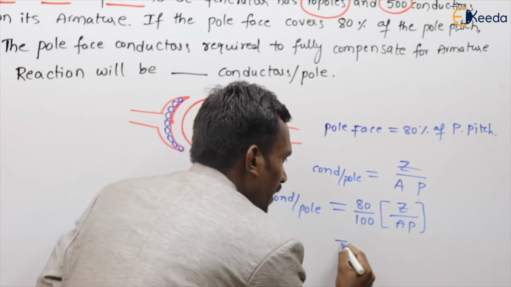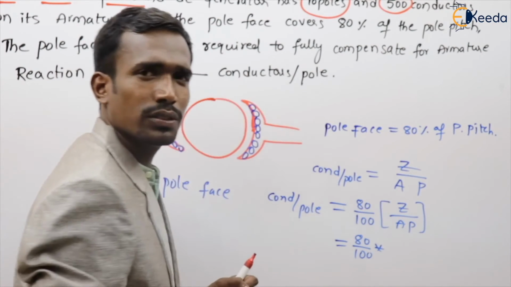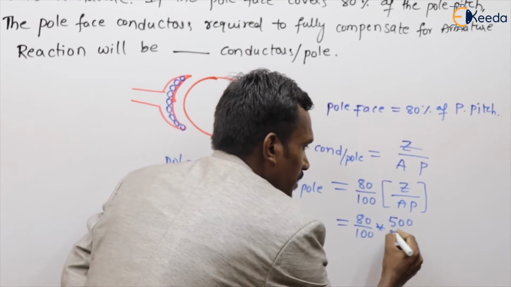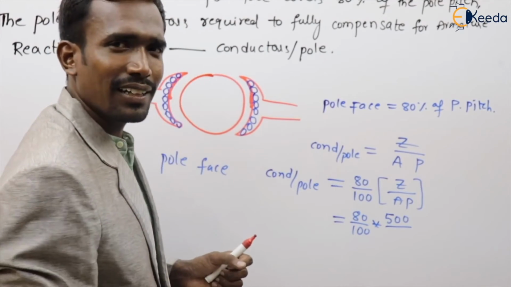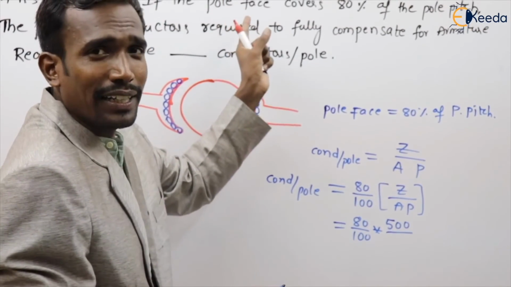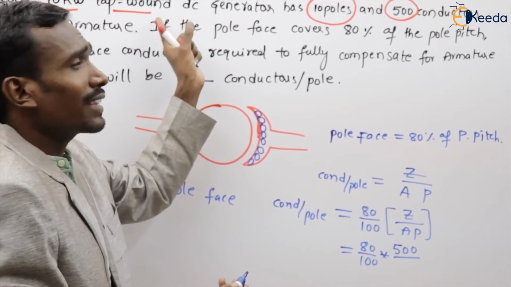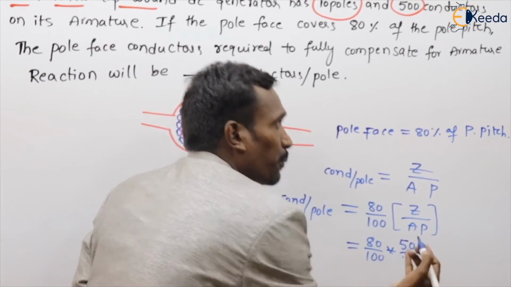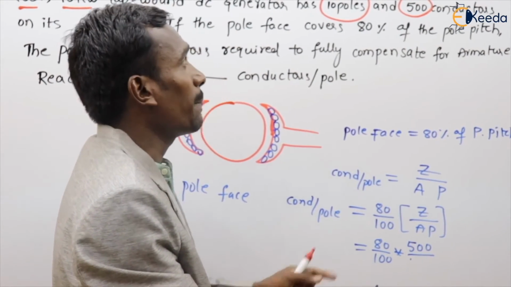Let's calculate this value. 80 by 100 into the number of conductors, 500, divided by the number of parallel paths. This is a lap winding, so the number of parallel paths is equal to the number of poles.